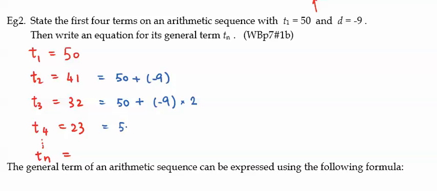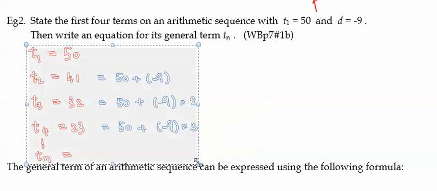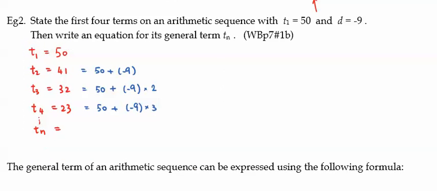And then for term number 4, I'm adding -9 3 times. If I want to get term number 5, I will be adding -9 to the first term, for how many times? If I have T5 here, I'm starting from 50, and I will add this -9 by how many times? 4 times.